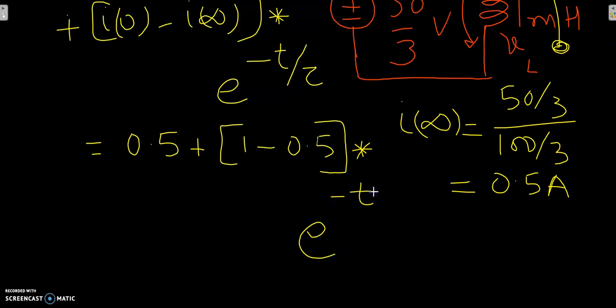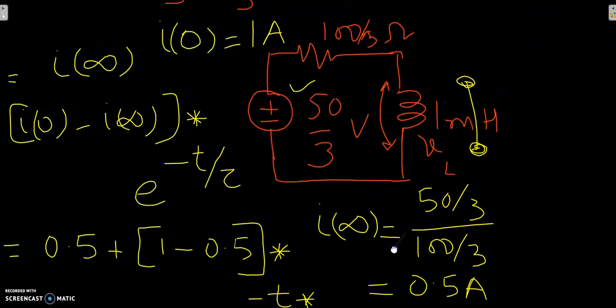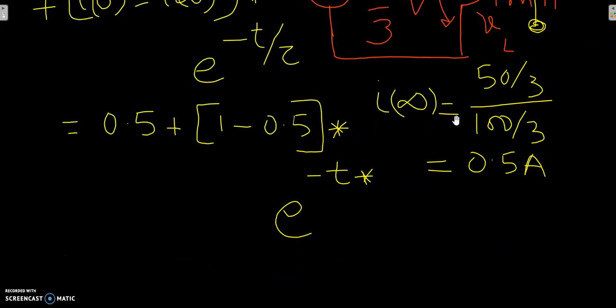Tau is L by R, so this is into R. R we have found out, it is 100 by 3, so this is 100 by 3, and L is 1 millihenry, so 1 into 10 to the power minus 3.